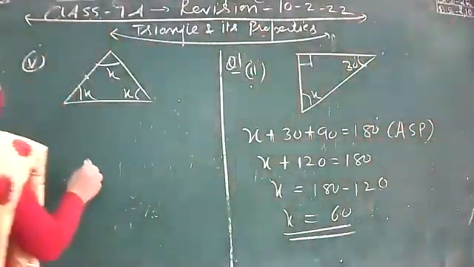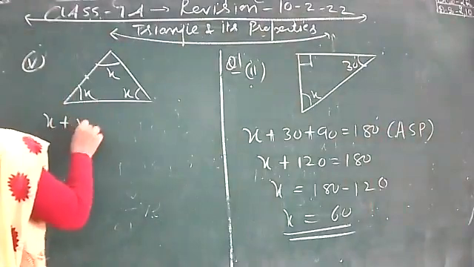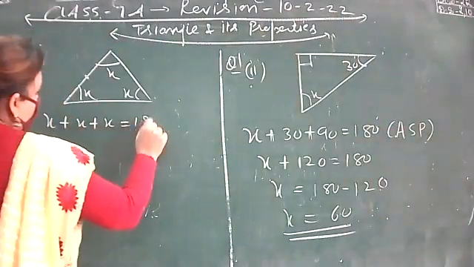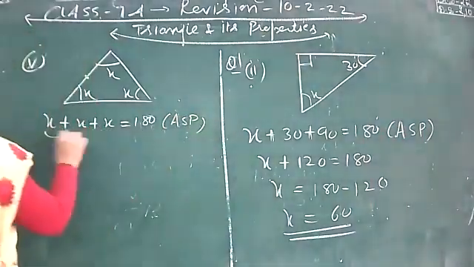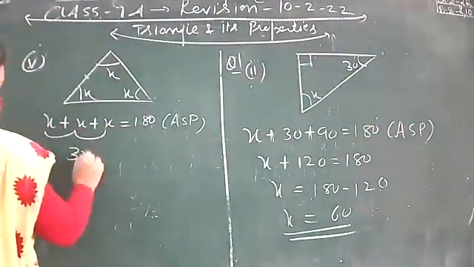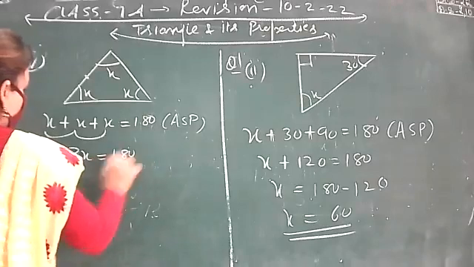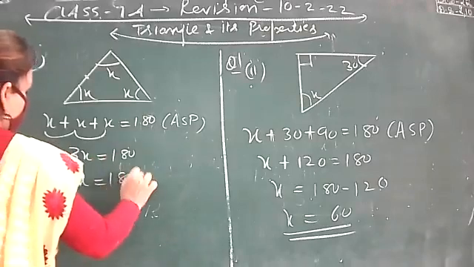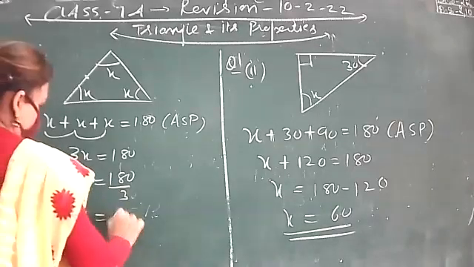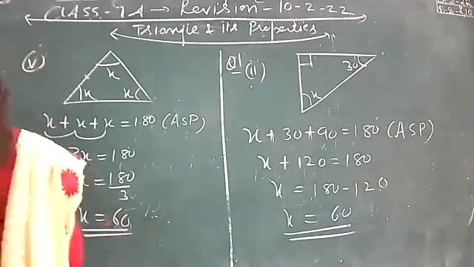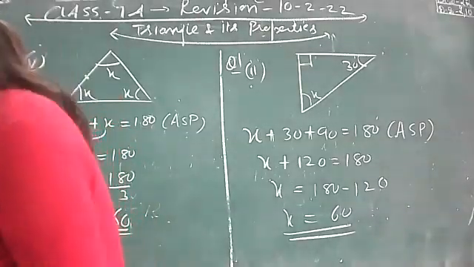So I am doing the angle sum, writing angle sum property aside. X plus X plus X is 180, so X is 180 upon 3. X is equal to 60 degrees.